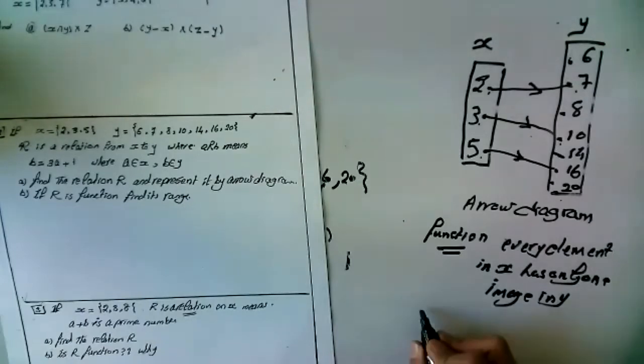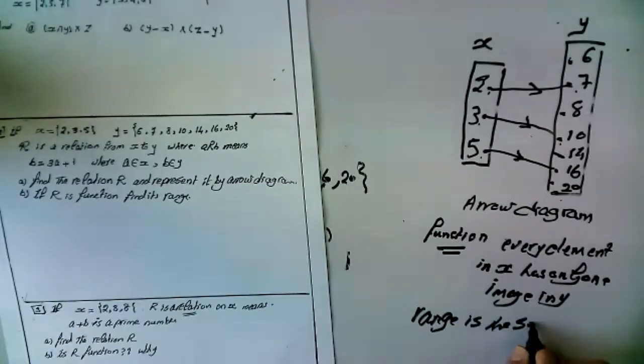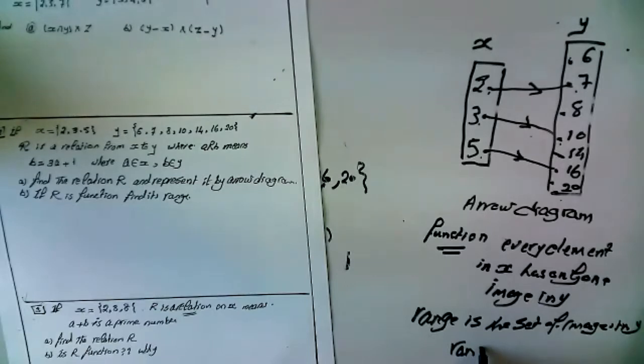You know that the range is the set of images in Y, and the range is a subset of the codomain Y. X is the domain and the codomain is the set Y. Range is the subset of the codomain Y. Then, if the relation is a function, then it has a range.